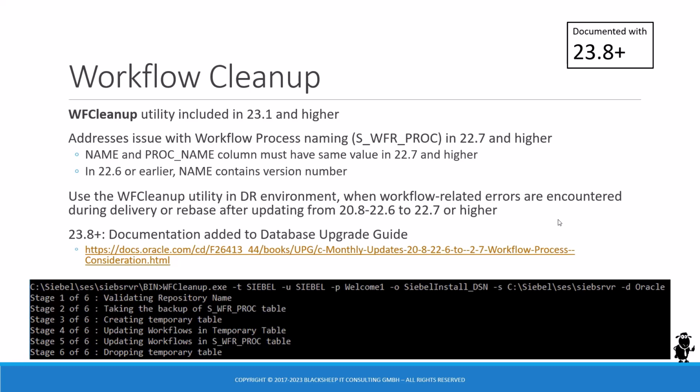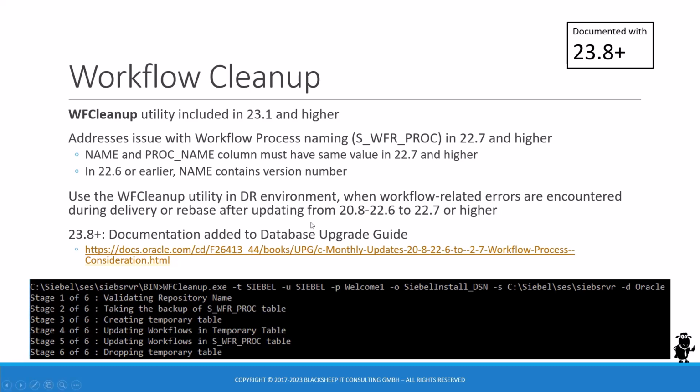To eliminate those issues, Oracle has created the WFCleanup utility, which is now fully documented, and Oracle advises to run it once after the monthly update. Is it correct that it's only necessary to run it once after updating to, let's say, 23.8? Yeah, that's true. You only have to run this once, not every update.